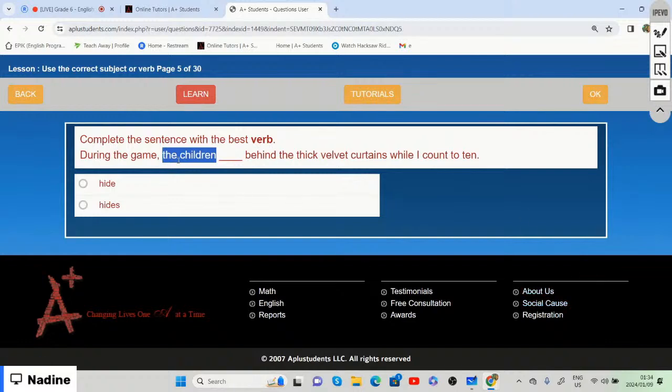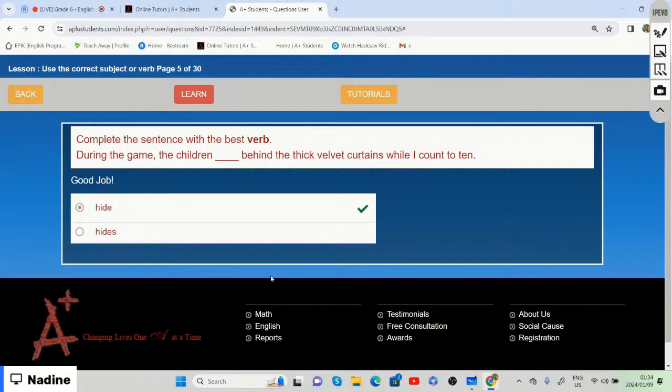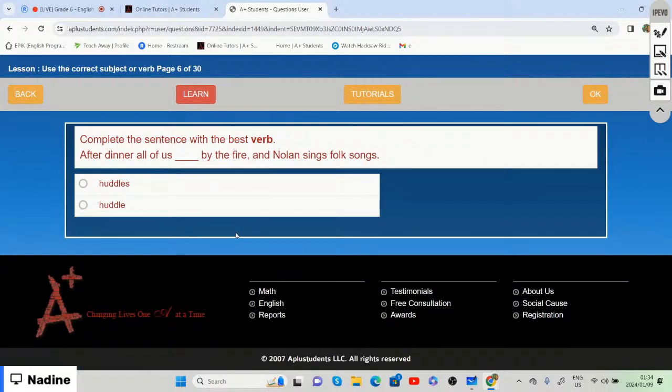All right, so the children, which is a plural subject, we need to then choose a plural verb, which is: the children hide behind the thick velvet curtains while I count to 10. So this is where the subject and the verb agree with one another within a sentence.